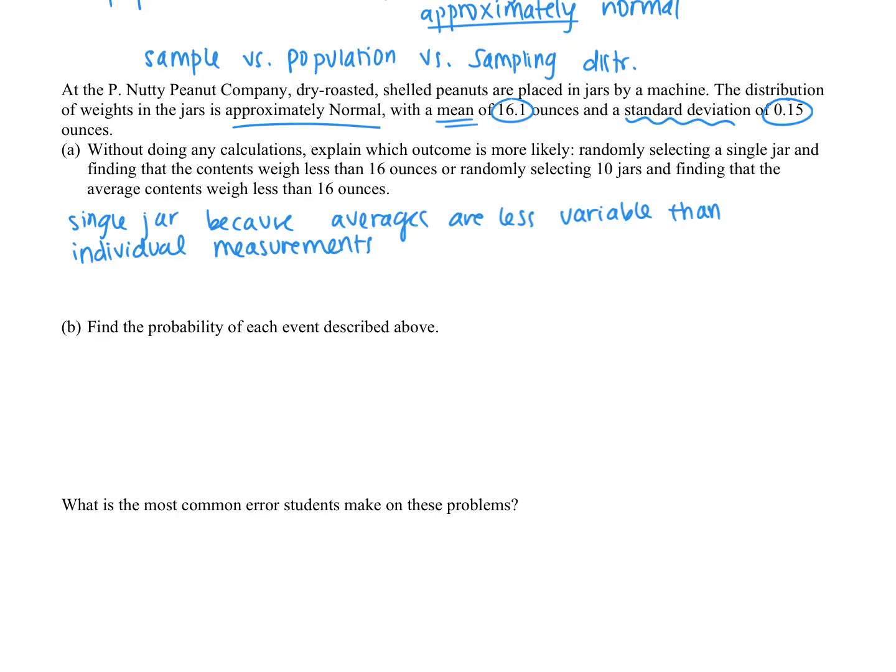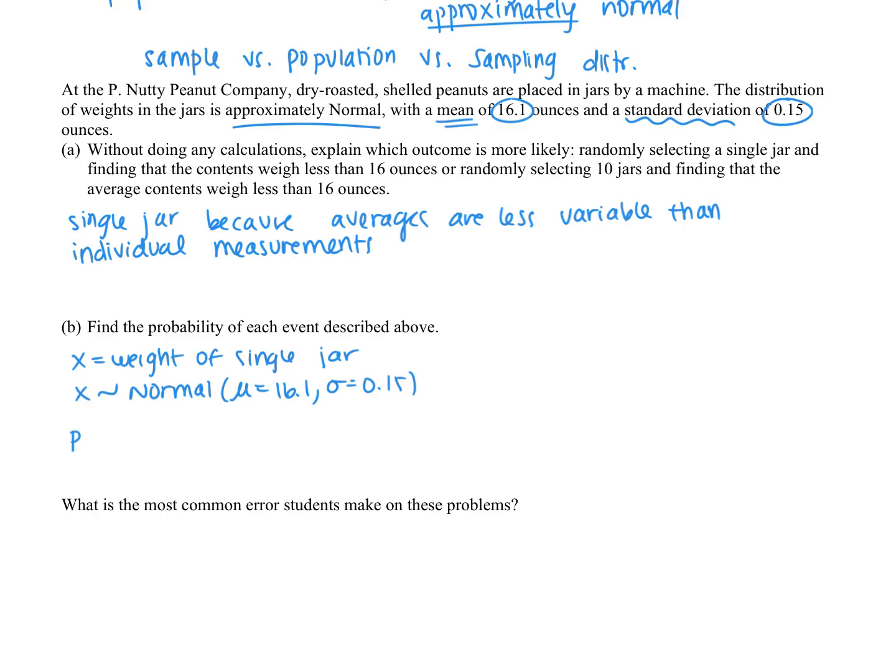Okay, find the probability of each event described above. So if we let X be the weight of a single jar, we were told that X is approximately normal and that the mean is 16.1 and the standard deviation is 0.15.